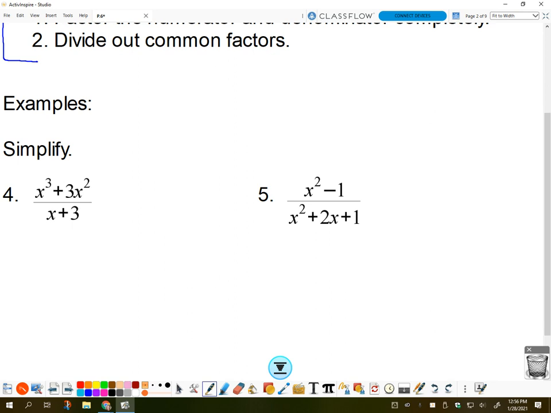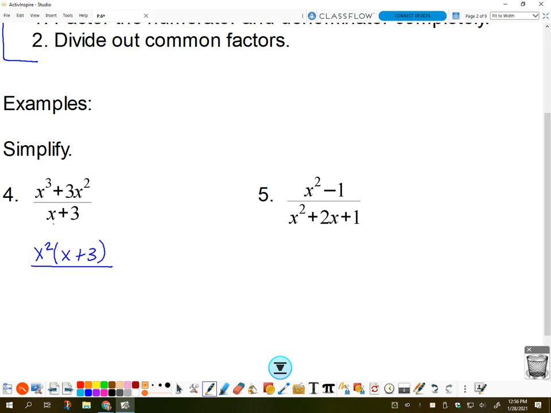All right, so number 4. Step 1, when you're told to simplify and you have a big ugly fraction, a rational expression, you're going to factor the numerator, factor the denominator. Sometimes both will factor, sometimes only one or the other will factor, sometimes nothing's going to factor. All right, so looking at the numerator, I believe we can take out a GCF of x squared and have x plus 3.